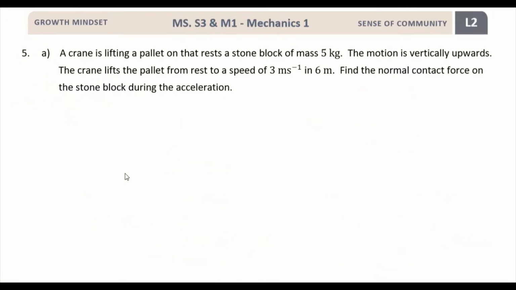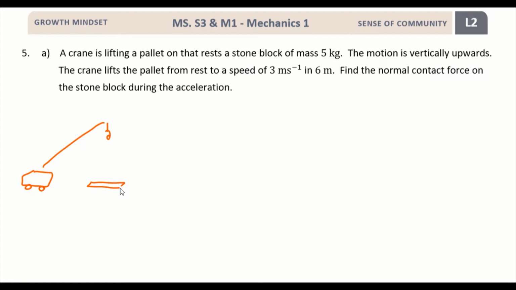All right, number 5, a crane is lifting a pallet. On the pallet rests a stone block of mass 5 kg. So you have a crane. I don't know how to draw, but yeah, this is like the crane. Okay, then this is like the crane that you have on the floor.